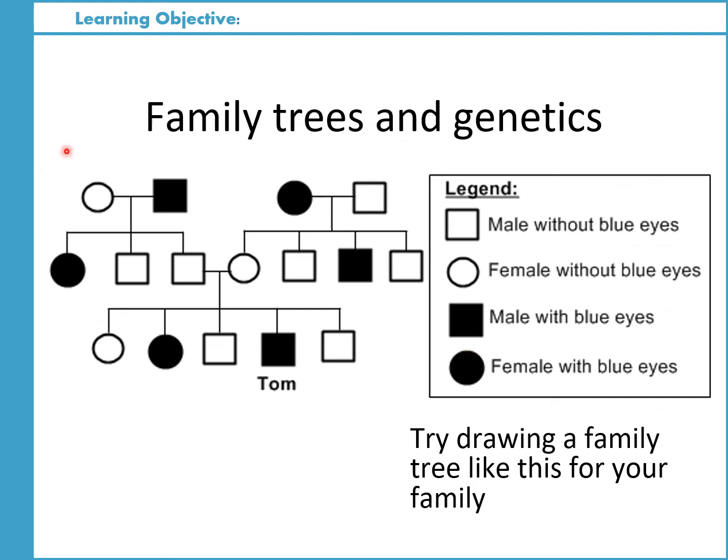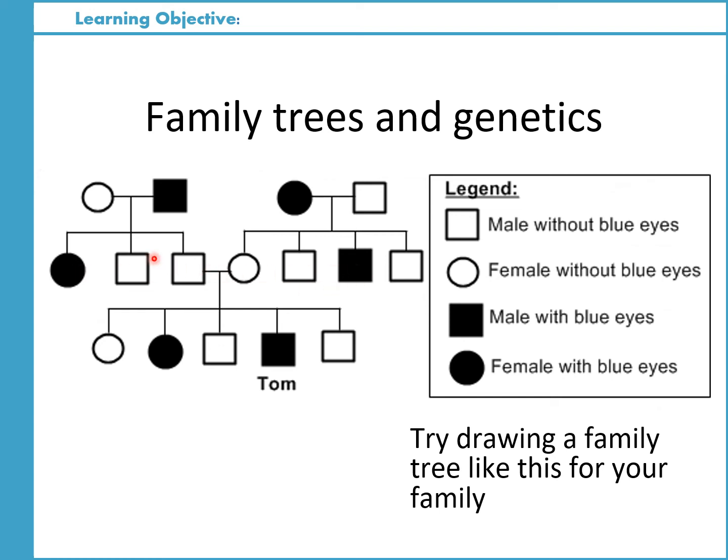Now we've got two couples. In this couple, the female has brown eyes and the male has blue eyes. In this couple, the female has blue eyes and the male has brown eyes. Immediately we can see that some of the children of those two couples have got blue eyes.